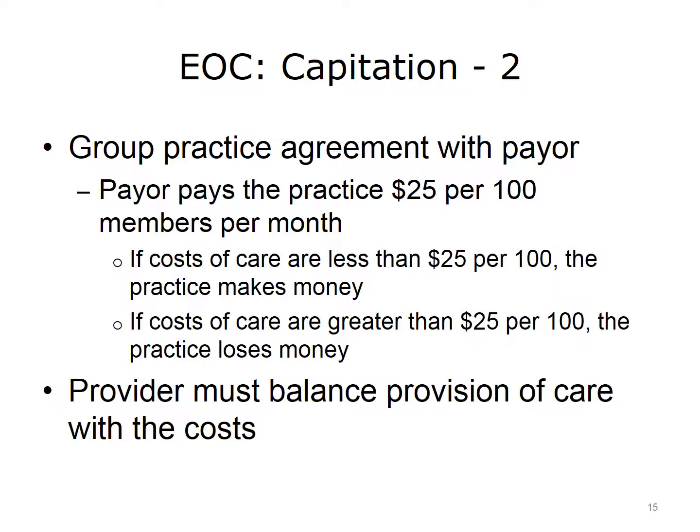If during a single month the cost of care for all 100 members is actually $3,500, then the group practice loses $1,000 that month and must absorb the expense of the additional cost of care. The payer makes no additional payments to the provider. The provider must balance provision of care with the costs.